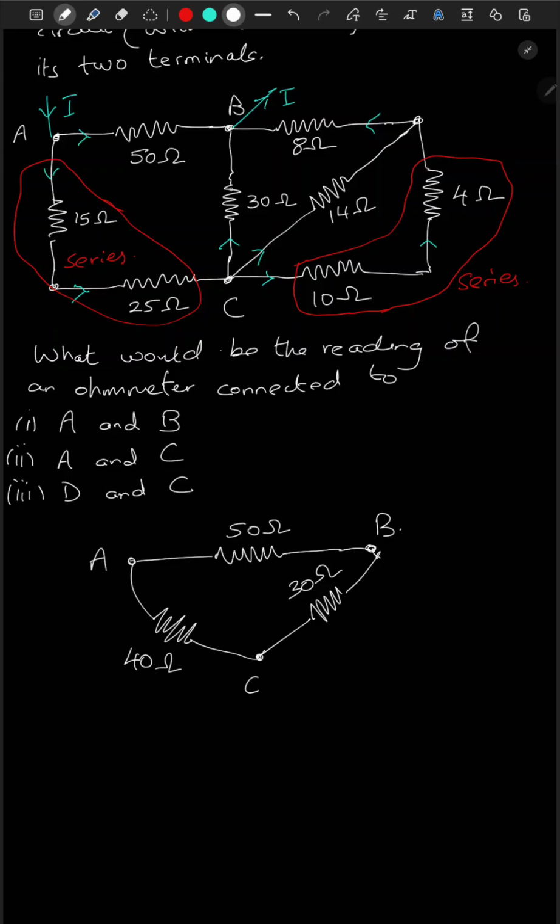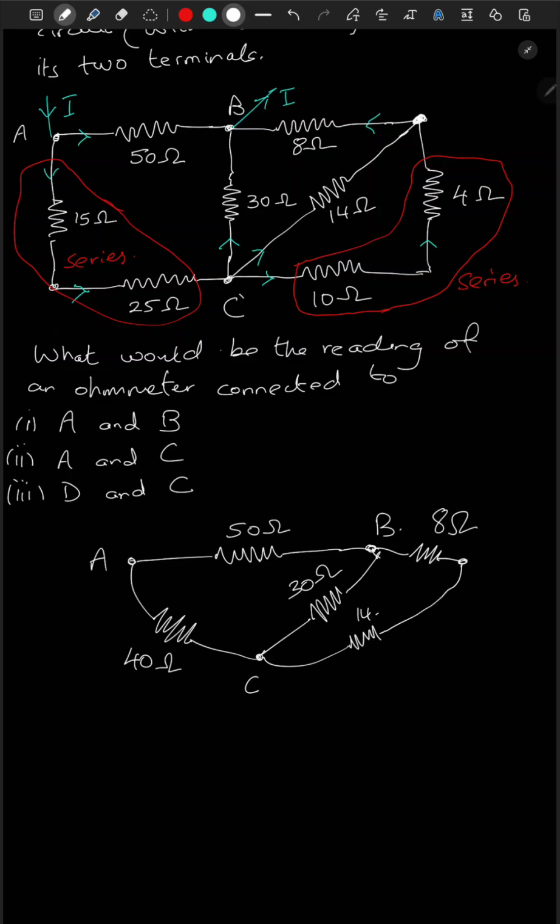So one current is flowing inside this one, and one current is flowing from C to this point. And one current is flowing across this, which is in series. So we can redraw this. So this is a 14 ohm resistance, and it is connected to 8 ohm over here.